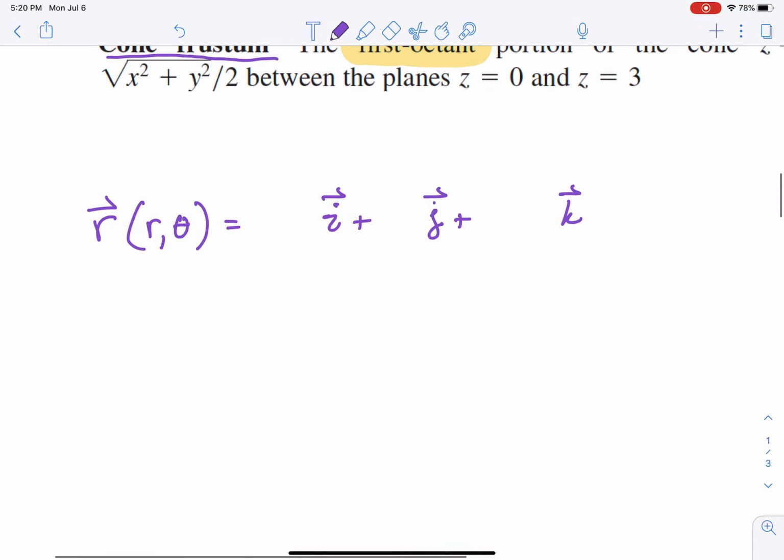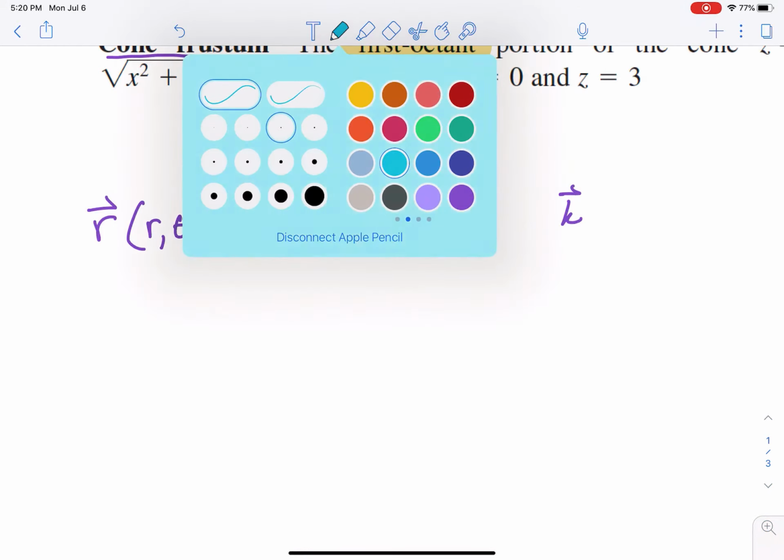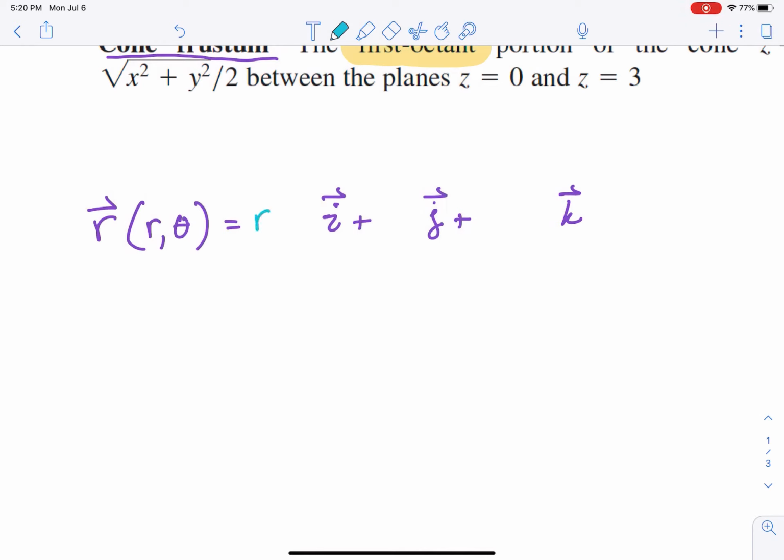So we'll start with a parameterization in terms of r and theta with an i component, a j component, and a k component. Okay, and we know, like usual, in the cylindrical coordinate system, x is always equal to r cosine theta, and y is equal to r sine theta.